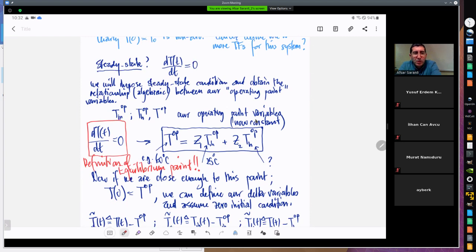Well, first of all, remember, if conditions take you away from the operating point, there will be a discrepancy between what the transfer function signifies and what the system actually does.